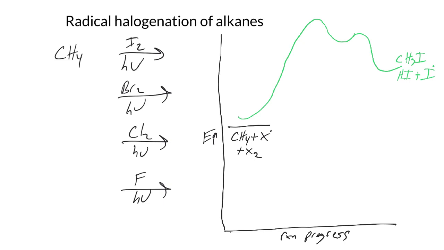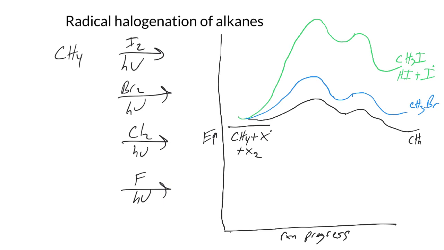If we do bromine, the activation energy is much lower, the intermediate is reasonably stable, and the product is of similar stability with our starting material. If I then switch to chlorine, again, it's more stable, and actually the products usually are going to be more stable than the starting material.